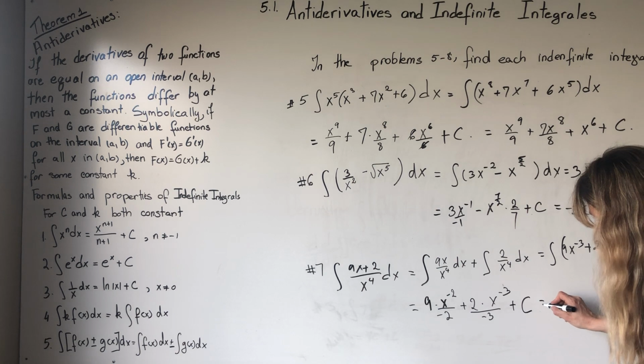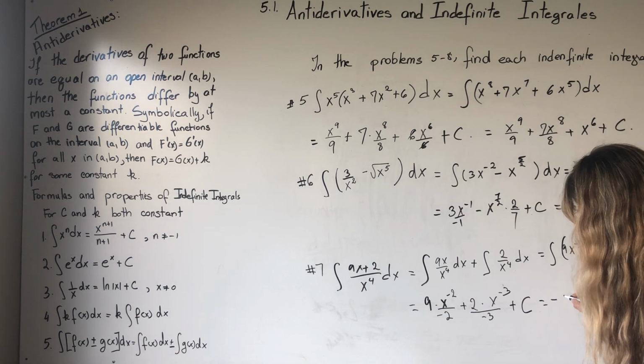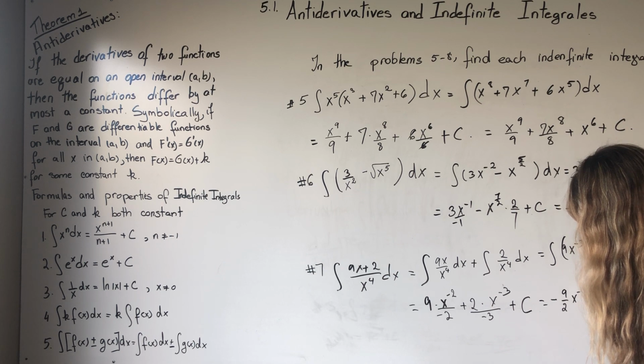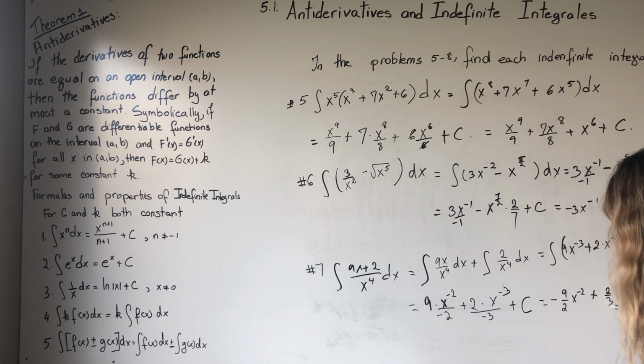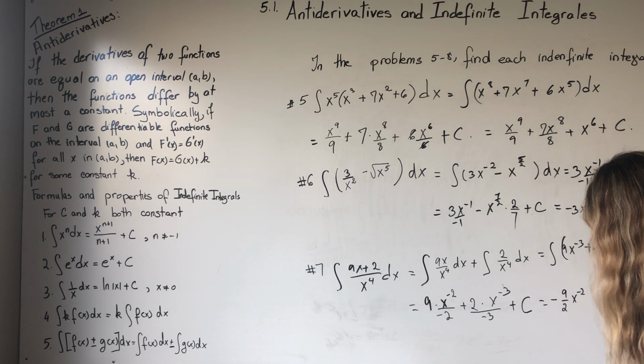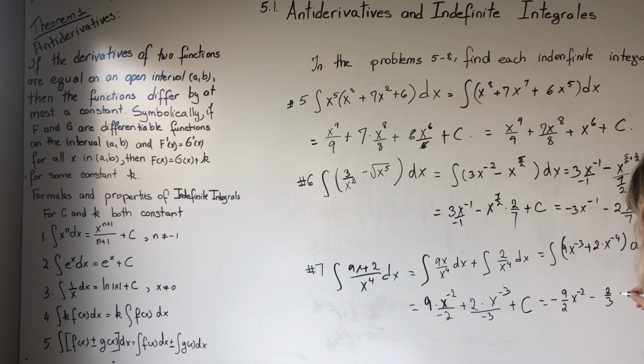So this will give me negative 9 over 2x to the negative 2 plus 2 over 3, but this one is also negative, so I'm going to write negative x to the power of negative 3.